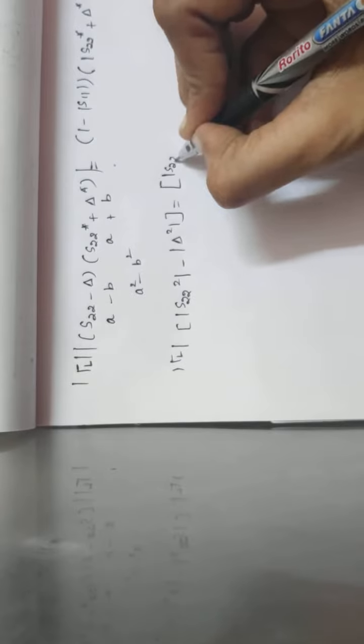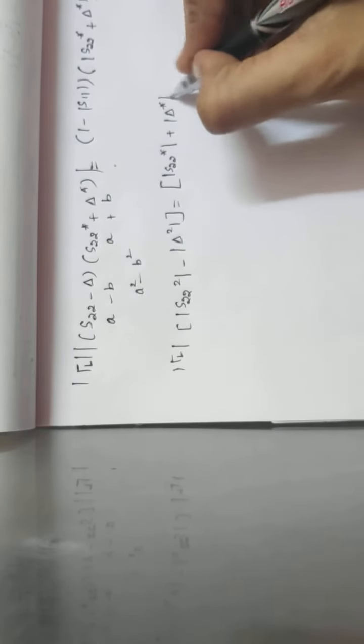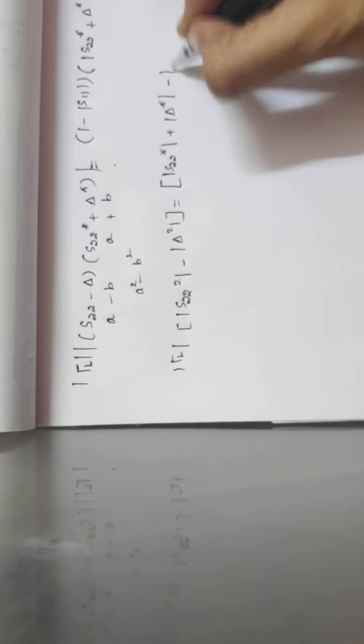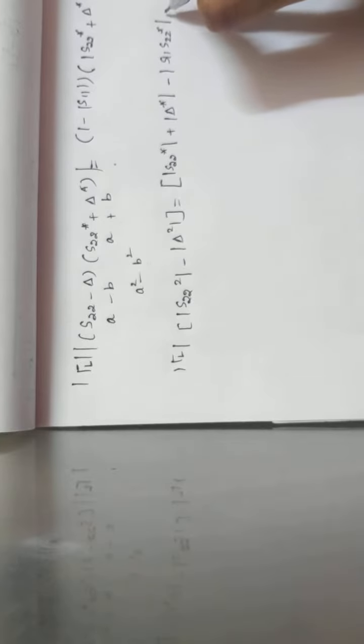This is equal to, multiplying each and every term inside the bracket, S22 star minus Δ star minus S11 S22 star plus S11 Δ star, right?